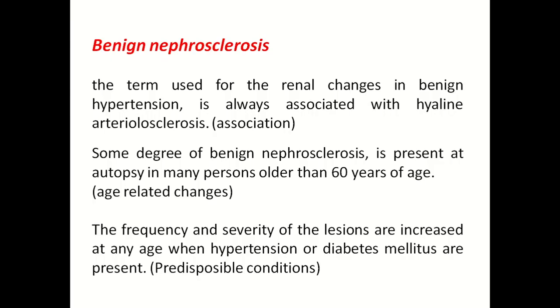So till now we have discussed what a small contracted kidney is, how you will define it, and the various causes of small contracted kidney, of which there are 3 main causes.